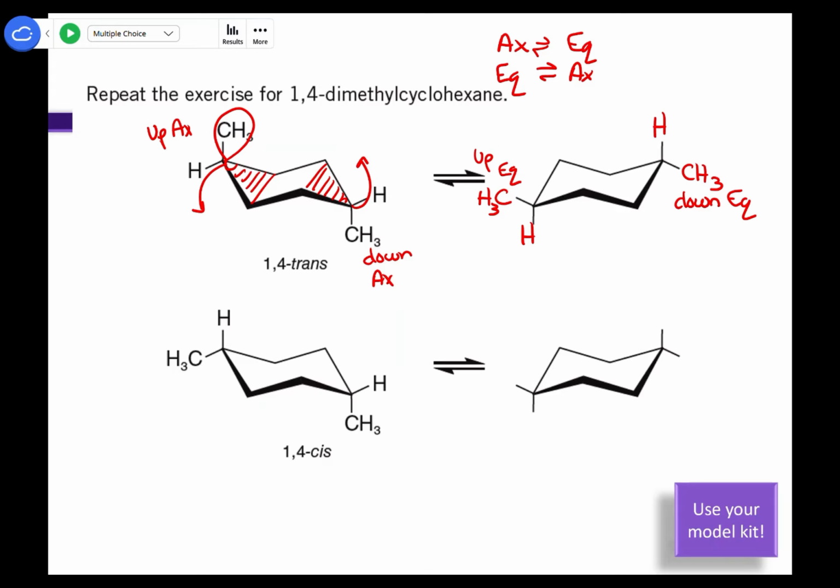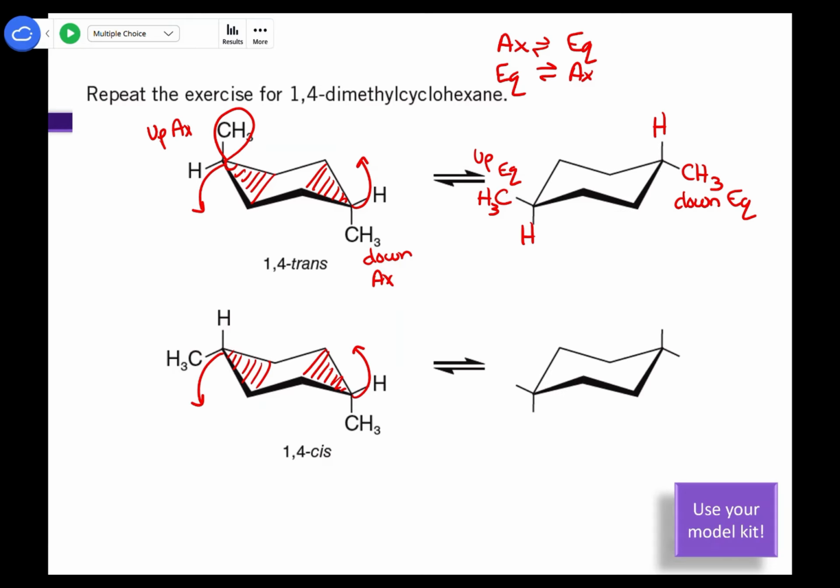We want to go back to our chair, so we bring both hands up, one hand down to bring our chair conformation. So I have a down axial on the right, a down equatorial on the left. So our final flip-flop here, the down triangle goes up, the up triangle goes down.